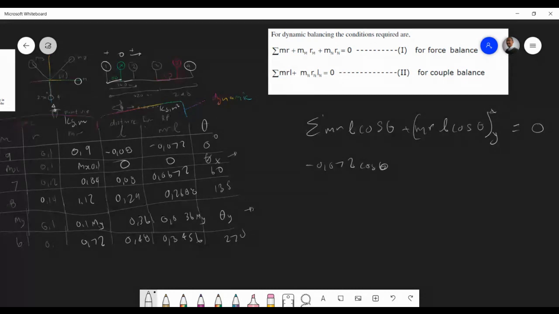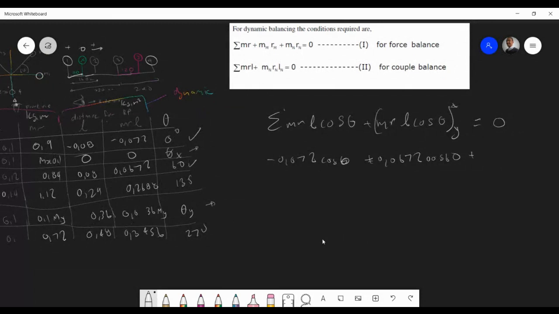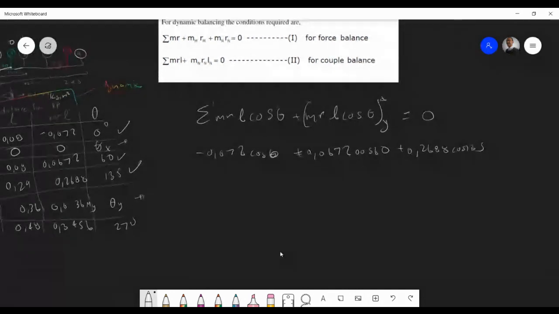You add up the ones you have. This is plus 0.07672 cos 60, which is this. Then you do the 135, plus 0.2688 cos 135, and then we're going to have the 270. Just bear with me here.